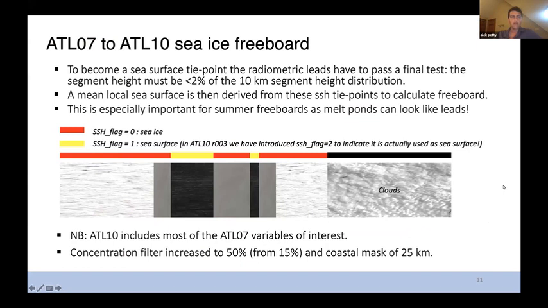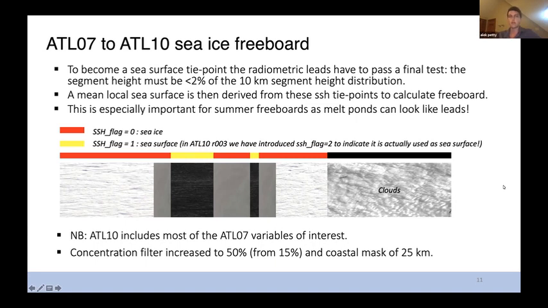Okay, so going from ATL07 to ATL10 sea ice freeboard, everything I just described in those previous decision tree plots are what we refer to as candidate leads or radiometric leads. So segments that essentially look like they could be a lead, but they're not necessarily used as a lead tie point in determining freeboard.